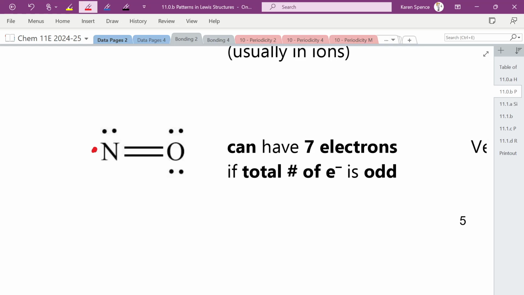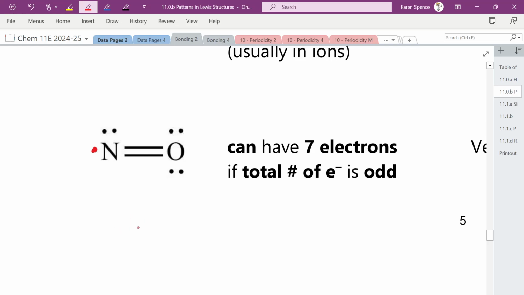Okay. Question based on some periodic properties. When does class end today? Like 3 minutes? 3 minutes. Based on a periodic trend that we have learned about, or sort of any periodic trend, why do you think I've put that lone electron on nitrogen instead of on oxygen?